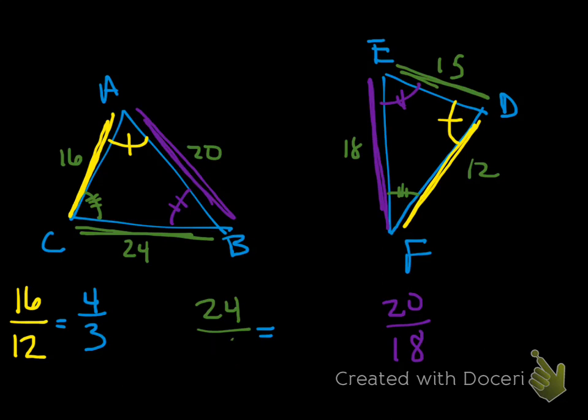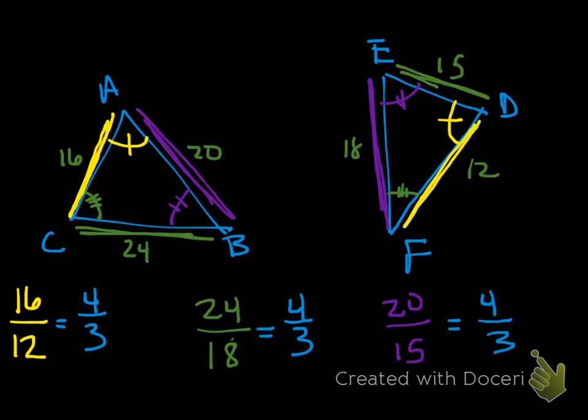Alright, hold on, I made a mistake here. This one should be 18, and this one should be 15. Now we're going to simplify. 24 over 18 simplifies to 4/3, and 20 over 15 simplifies to 4/3.